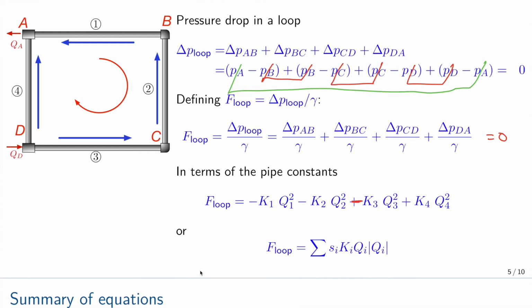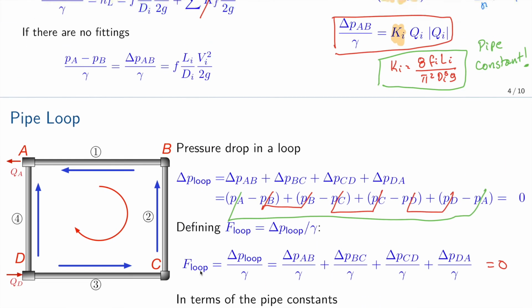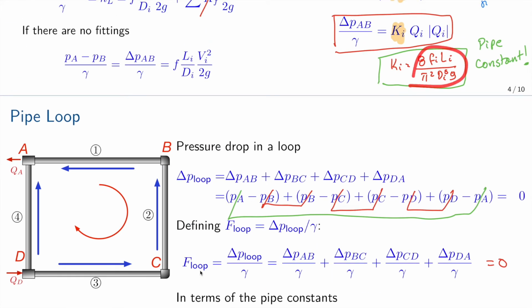So that's K3 multiplied by Q3 squared. And the last one is in the same direction, so the drop of pressure from D to A is K4 multiplied by Q4 squared. So this is the constant of each one of the pipes that we defined previously.